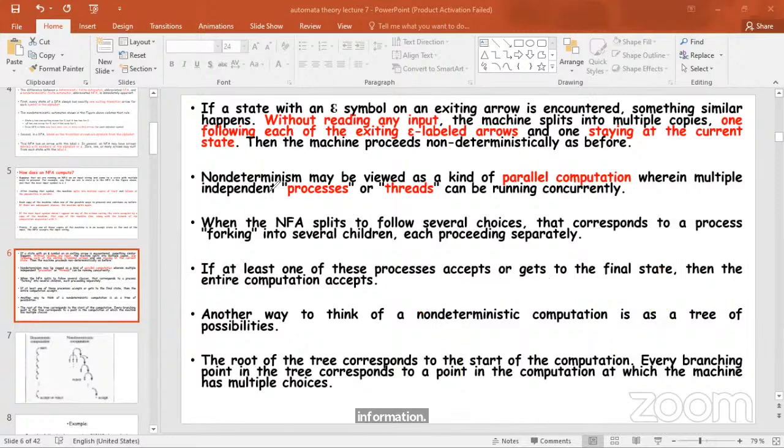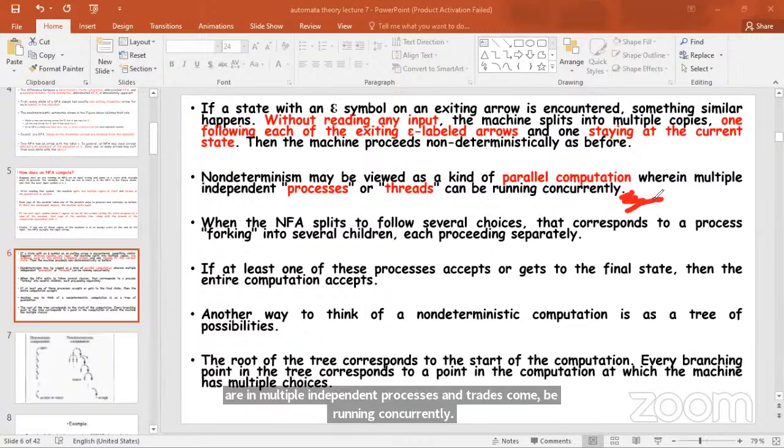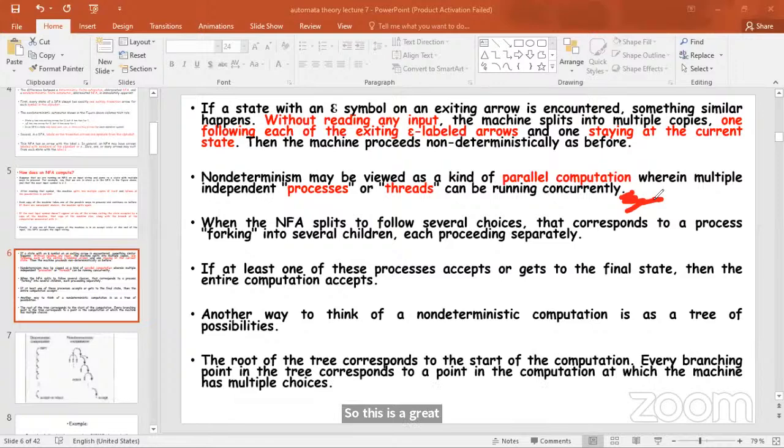Now, non-determinism may be viewed as a kind of parallel computation, wherein multiple independent processes or threads can be running concurrently. So this is a great solution or a great breakthrough in science, as it were.